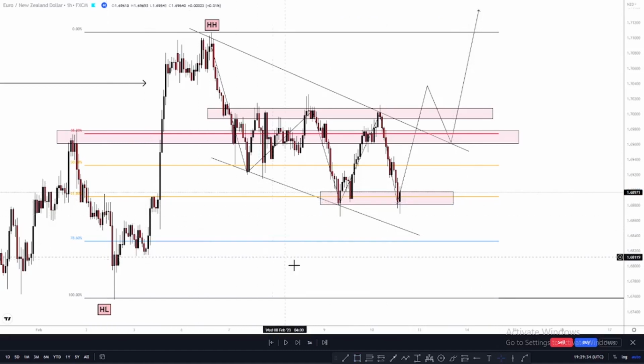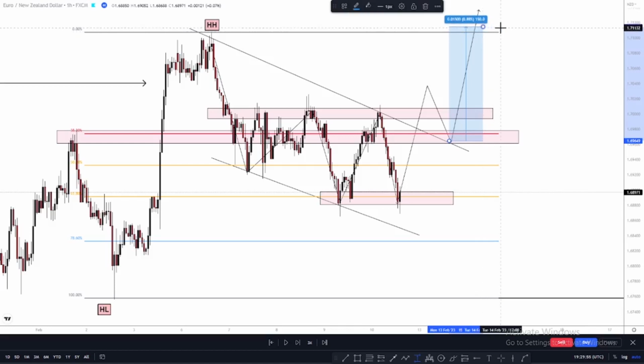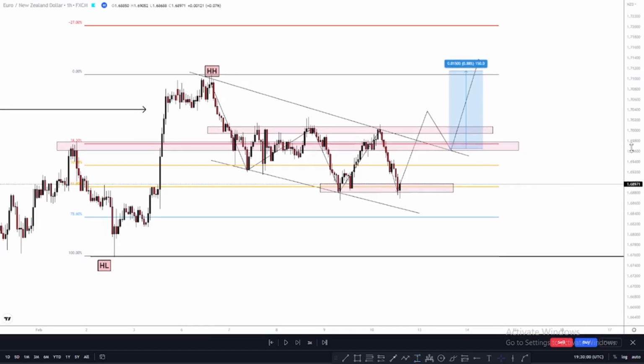So in case price is to rally up and get to our higher high, which is also our Fibonacci 0% level, and this higher high can hold price, and price breaks above this higher high, where will be our next target? Our next target will be our Fibonacci negative 27% level.